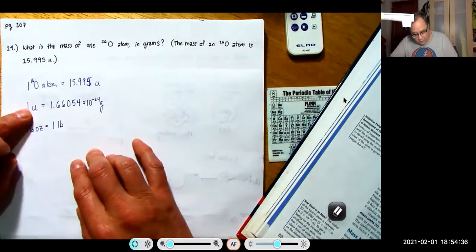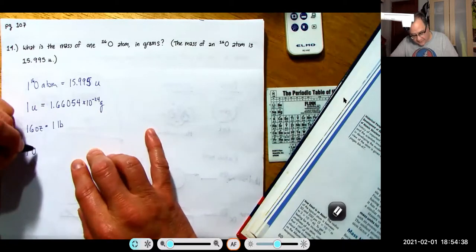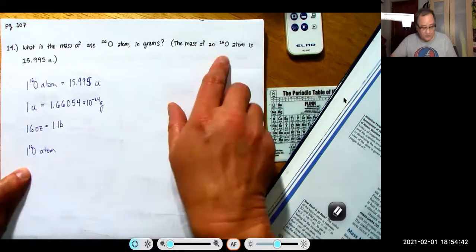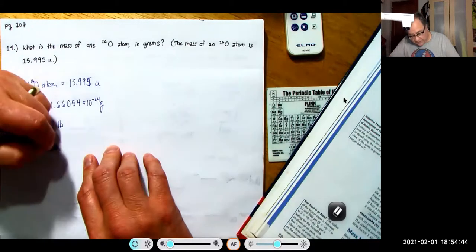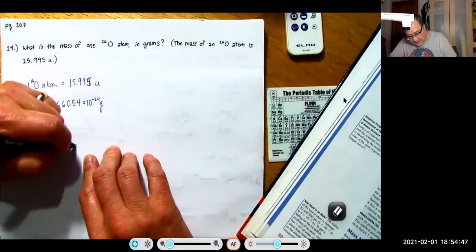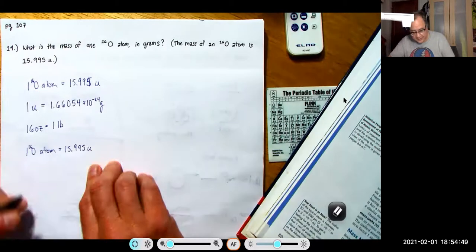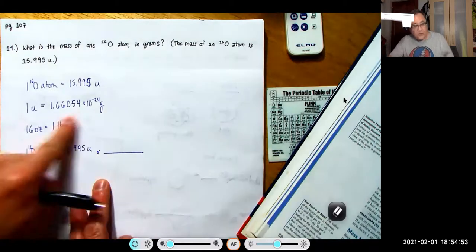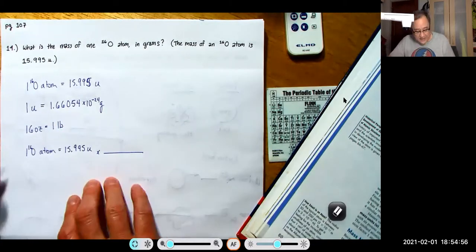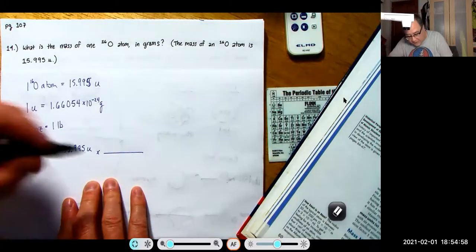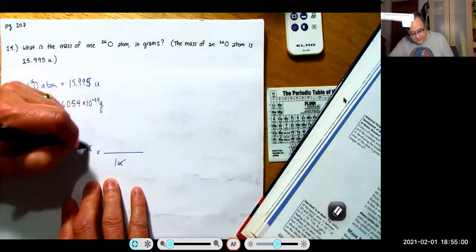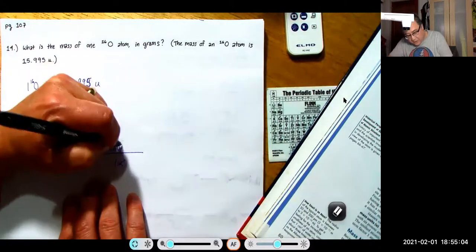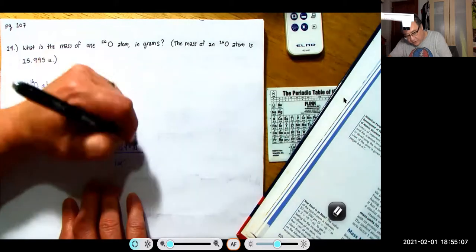So we know that 1 O atom, and that's the 16 isotope, is equal to 15.995 atomic mass units. So we're going to multiply by this so that we can get grams. And naturally, we're going to put one U on the bottom so that the U's cancel. And we're going to put 1.66054 times 10 to the minus 24 grams on top.